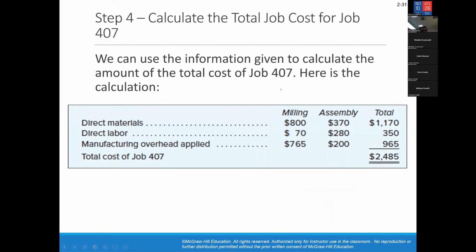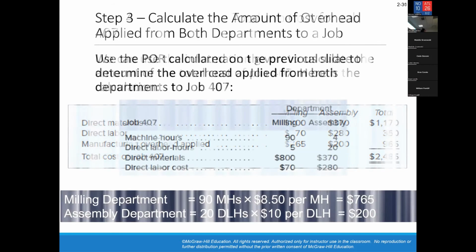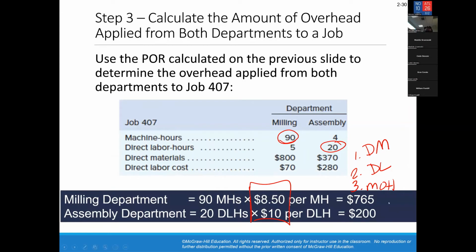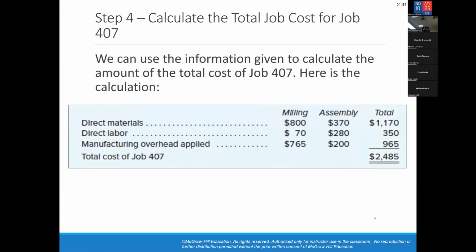All right, so here's milling: direct materials, direct labor, manufacturing overhead applied is 765. You saw where that came from, right? We just multiplied. It's right down here, these totals, 765 and 200.